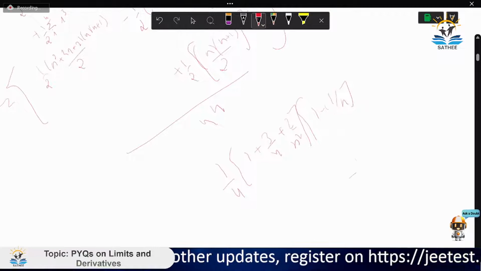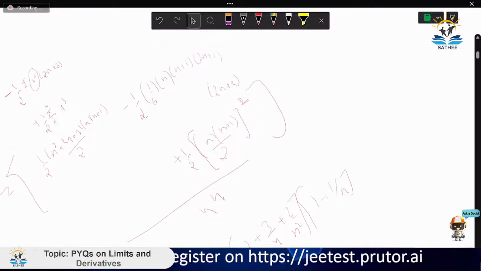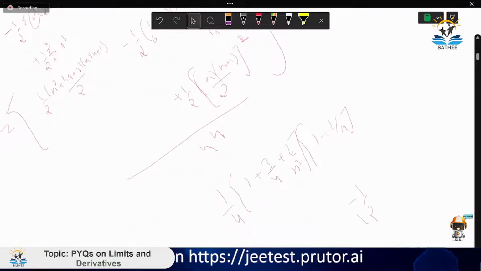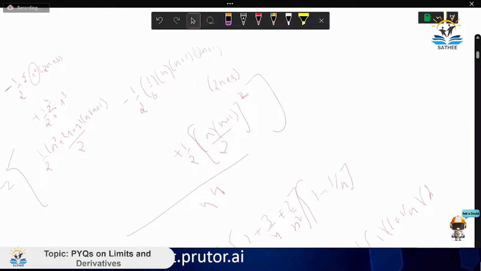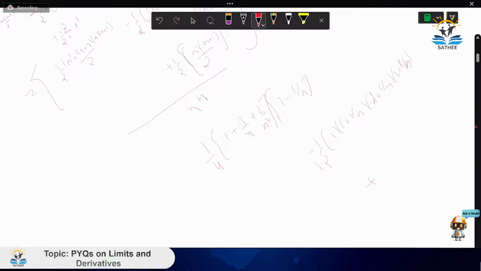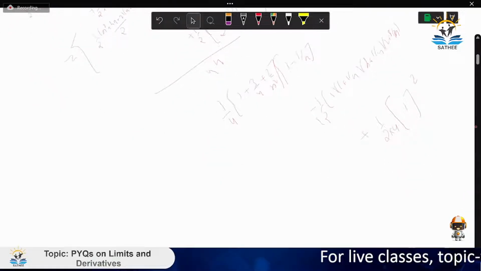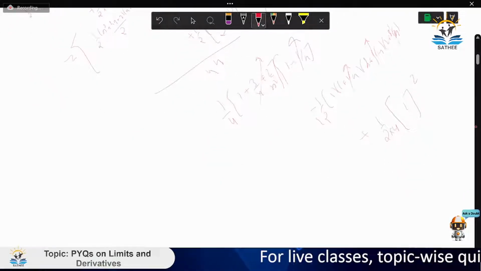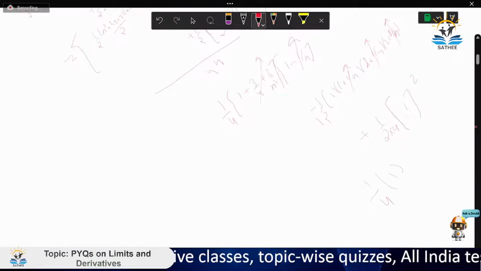Okay, then I have minus half or 1 by 12, and I'm left with this, 1 plus 1 by n, 2 plus 1 by n and 2 plus 3 by n. And in this case, I'm left with half into 1 by 4 into 1 whole square. So just putting infinity here, this goes to 0, this goes to 0, this goes to 0, this goes to 0, this goes to 0 already. So that's 1 by 4.